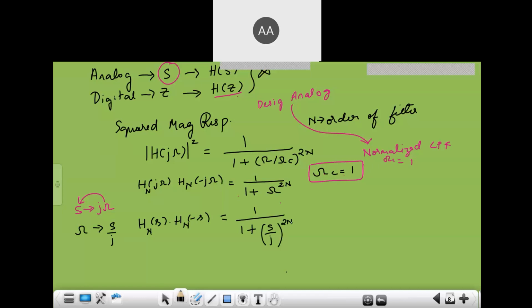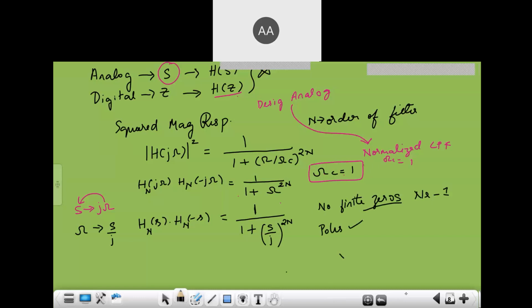Okay. So now, one important thing that you need to write is, there are no finite zeros here, because the numerator term is 1. There are no zeros, but poles are present because the denominator term is there.